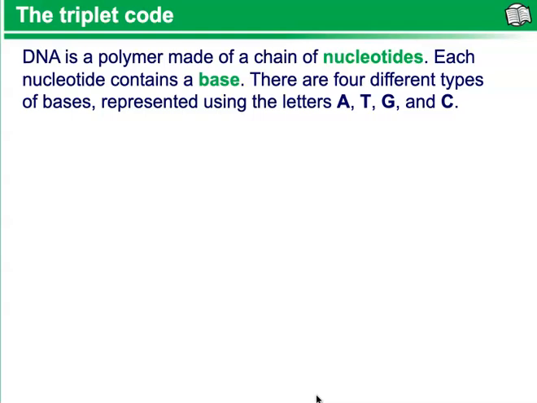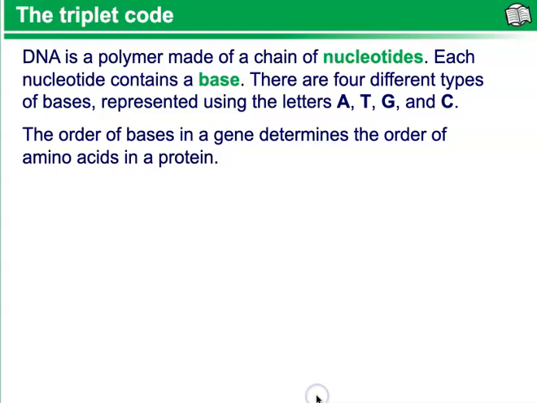The triplet code. DNA is a polymer made of a chain of nucleotides. Each nucleotide contains a base. There are 4 different types of bases represented using the letters A, T, G, and C. A stands for adenine, T stands for thymine, G stands for guanine, and C stands for cytosine.